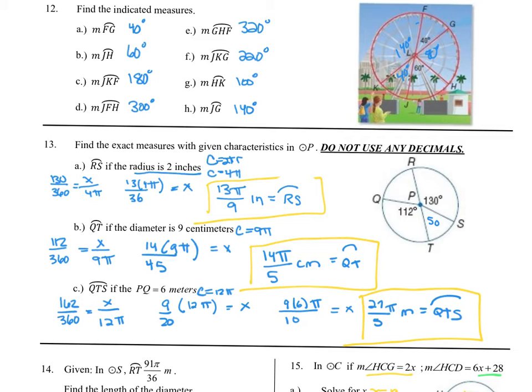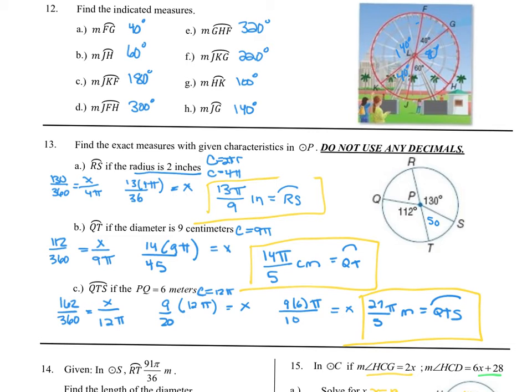All right, so the next one here, the diameter is 9 centimeters. So that tells me that the circumference is the diameter times pi, so that is 9 pi. If I look at QT, that is going to be this right here. Central angle is 112, arc measure is 112, over 360 is equal to the arc length over the diameter.